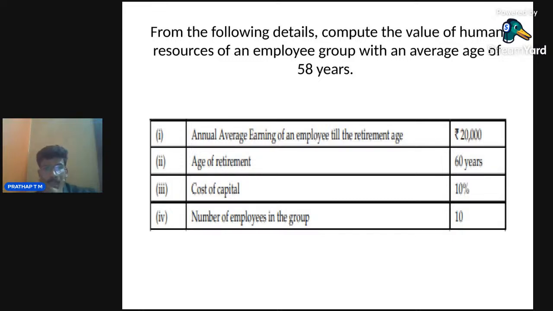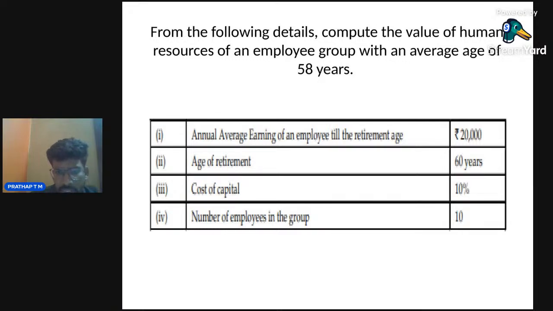I hope the age group is very easy to determine. It is given in the question: 25 to 34, 35 to 44, 45 to 54, 55 to 64. Number of years of service, you can find as 10 years.